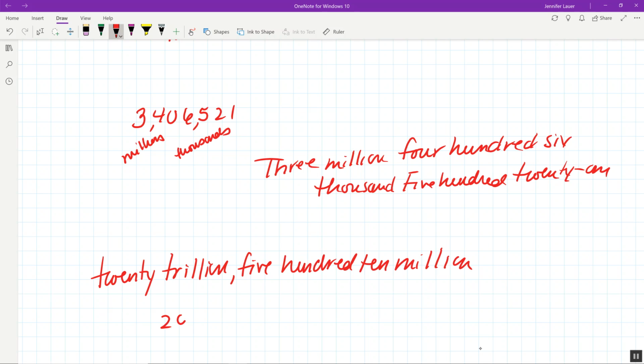All right, 20 trillion, there's a trillion comma. There's no billions, but I got to put it in anyway. Then 510 million, and of course you got to put in your 1,000. And that's it for that one. Oh, I thought it said 520. It says 510. Sorry about that.